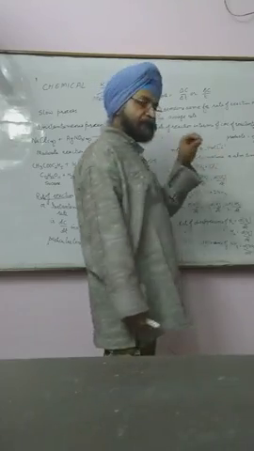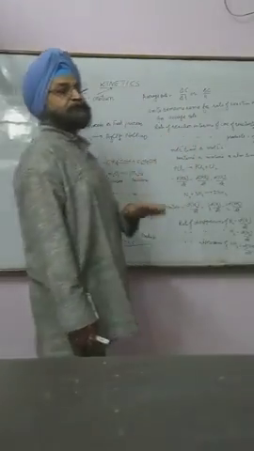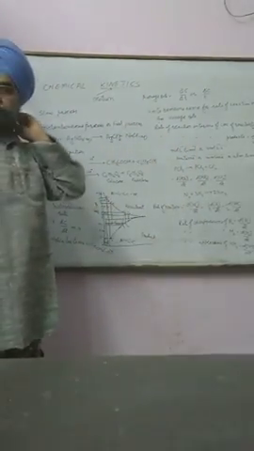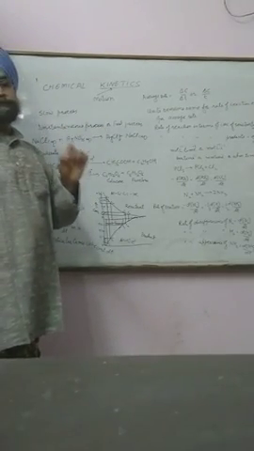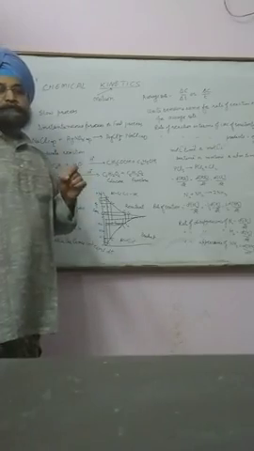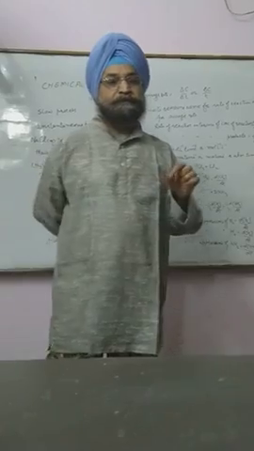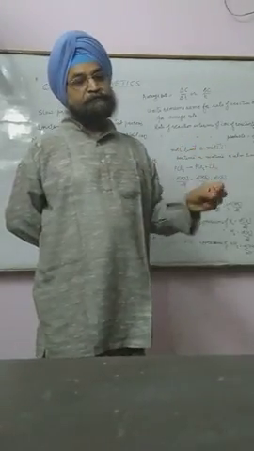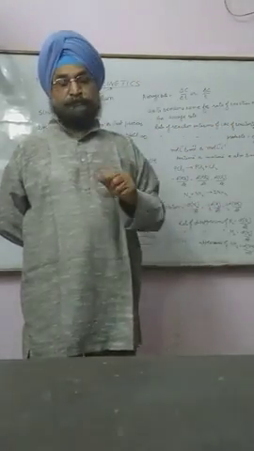Per unit time is understood. When we use the term rate, in each and every case we use some unit. When we purchase some vegetables, we mention the price of the article in terms of per kg, then kg is the unit.